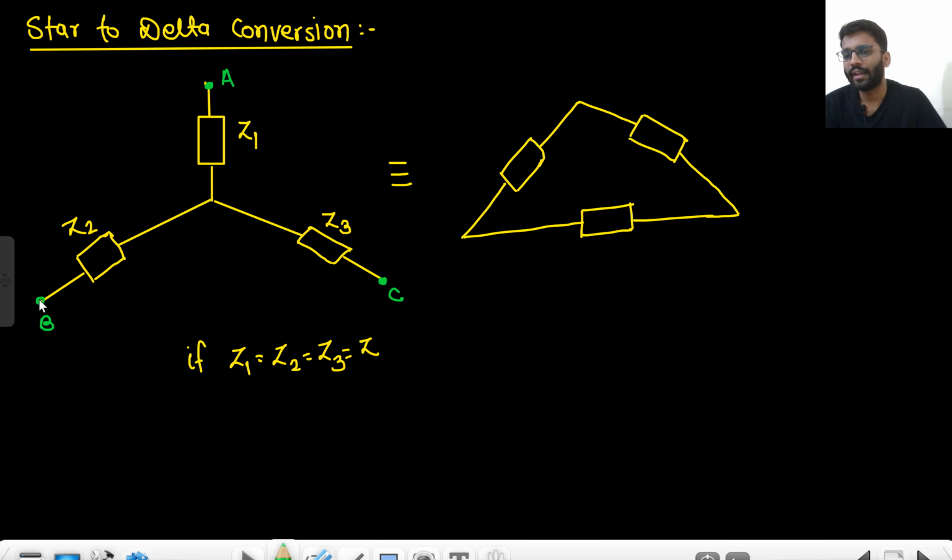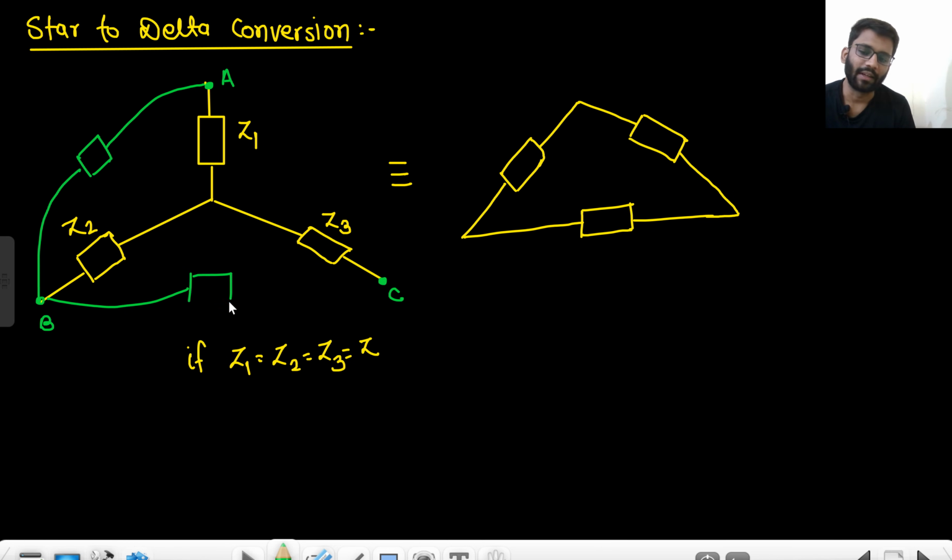So between node A and B, we are connecting one resistance. Let's call it Z1. No, forget it. Don't call it anything. And between B and C, we will get some impedance, and between A and B, we will get some.